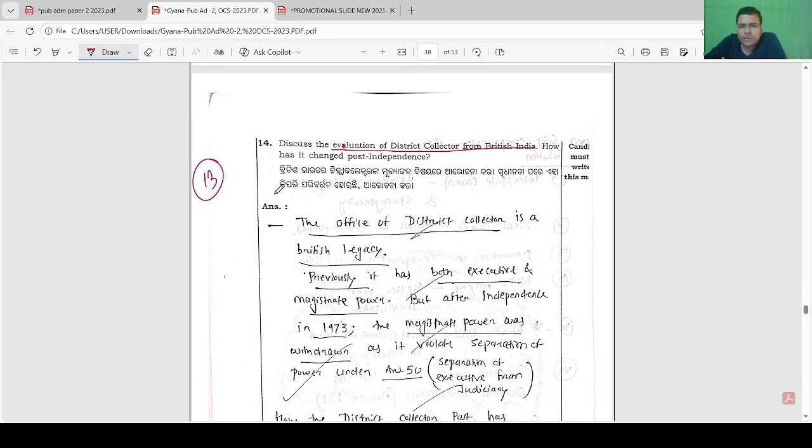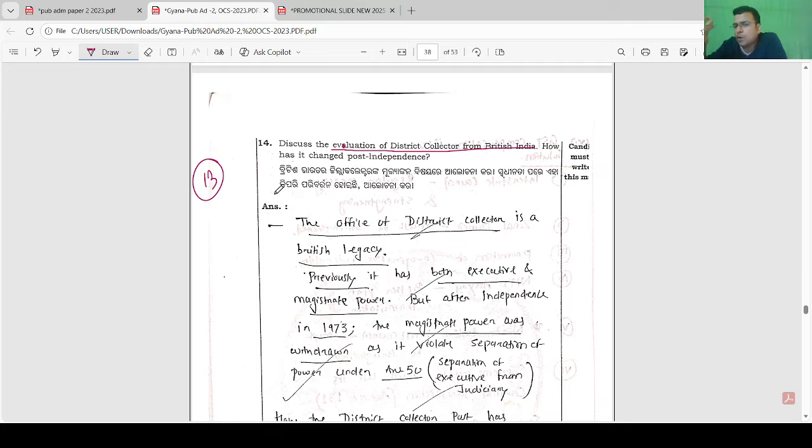What should I suggest? When you start on the district collector, you should start with the context in which the office was established by the British. In order to collect revenue, the British demarcated a district into revenue districts based on its revenue potential and appointed an officer known as the district collector to streamline and increase revenue collection.